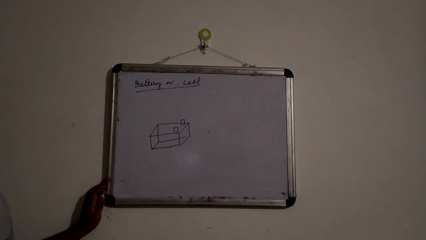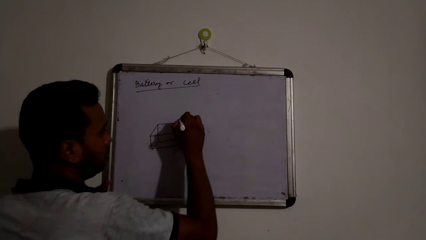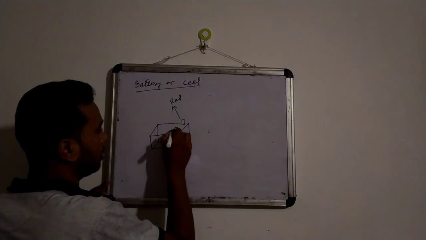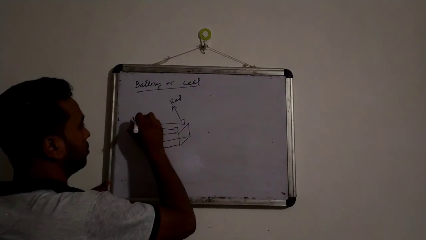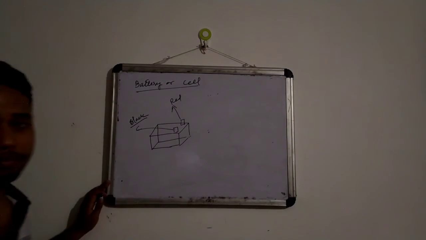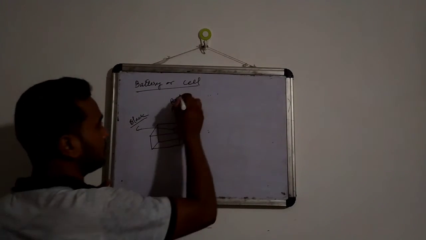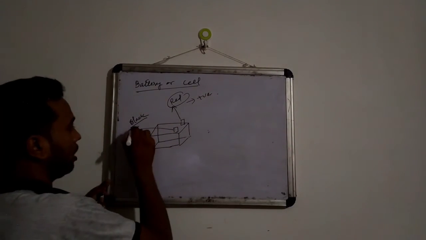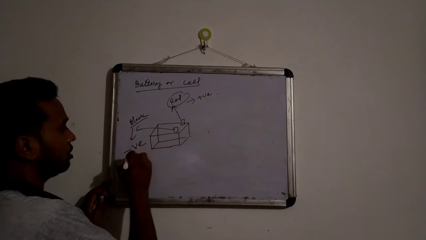There are two terminals like this. Now one terminal is red and another terminal is black. And this red terminal is always positive and the black terminal is always negative.